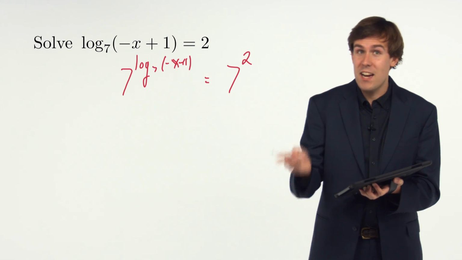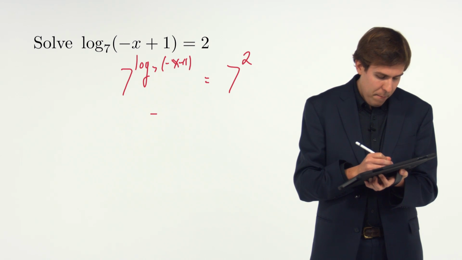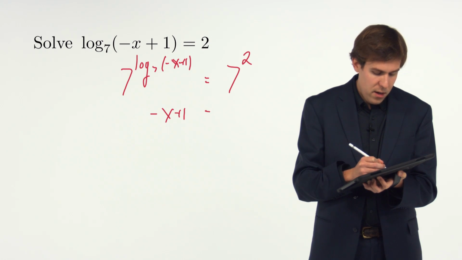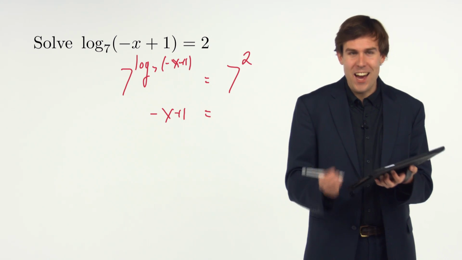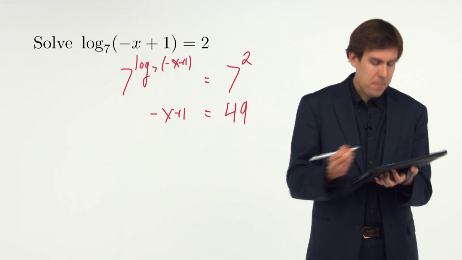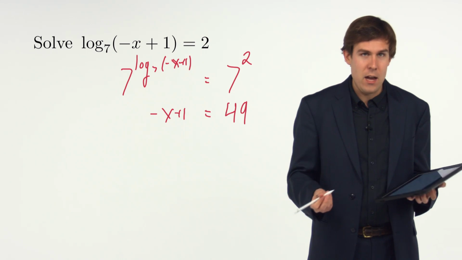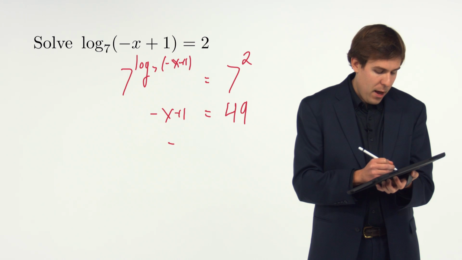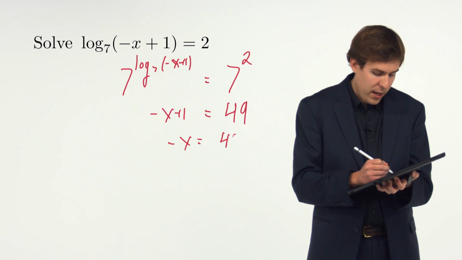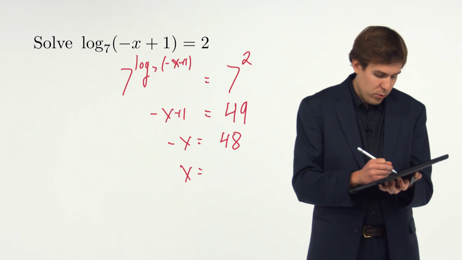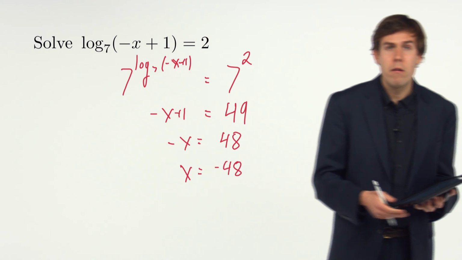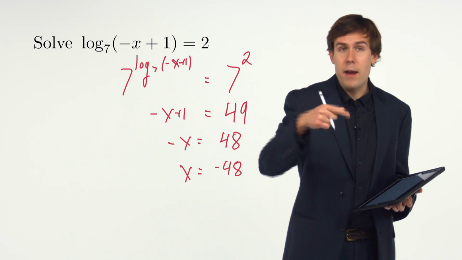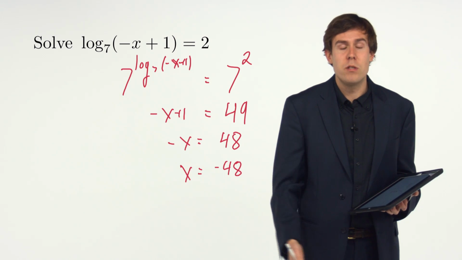Right, so the left-hand side cleans up, and I just get minus x plus 1. And then we have to ask ourselves, what is 7 squared? This is one of those you kind of got to know. This is 49. And now I'm doing basic algebra. So now I have minus x equals 48. So x is equal to minus 48. Right, so pretty straightforward. I kill off the logarithm by exponentiating, and then I do the algebra to solve.